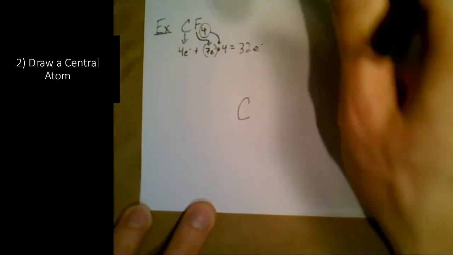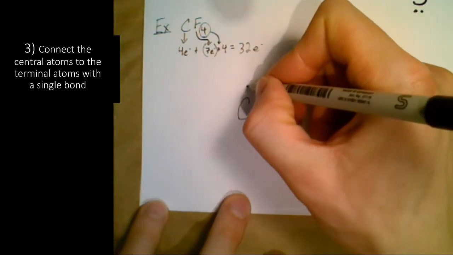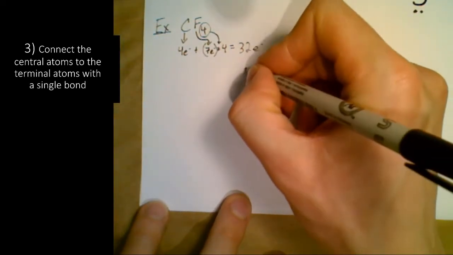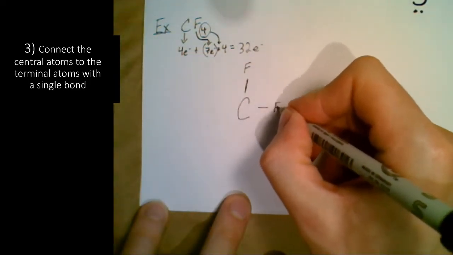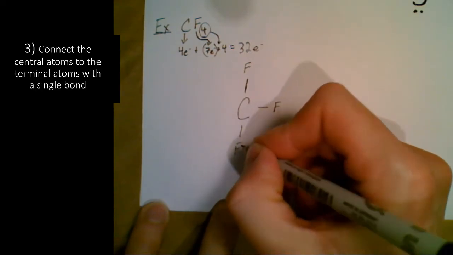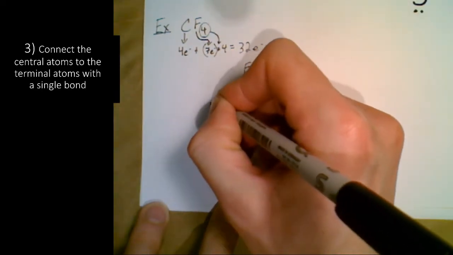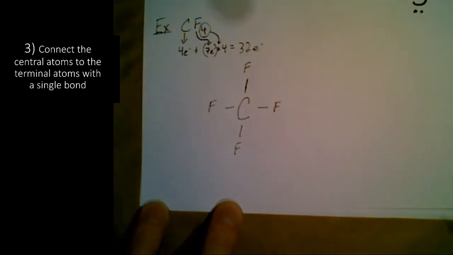Now, we figured out the central atom here is going to be carbon. The next step is to bond it to the other elements in this compound. So we have 4 fluorines, so bond it to 4 fluorines.